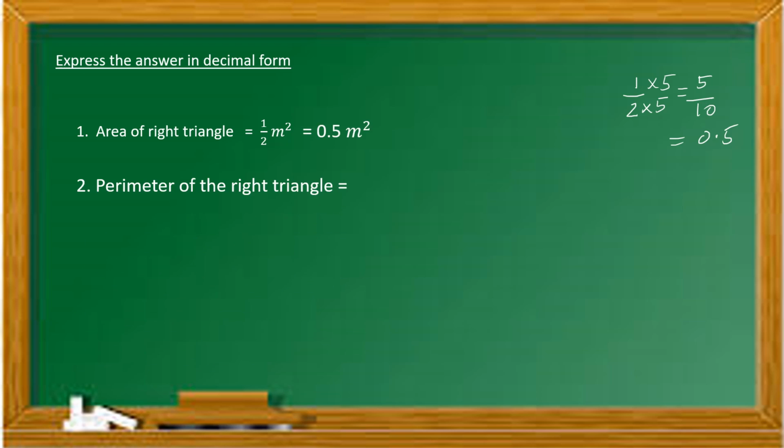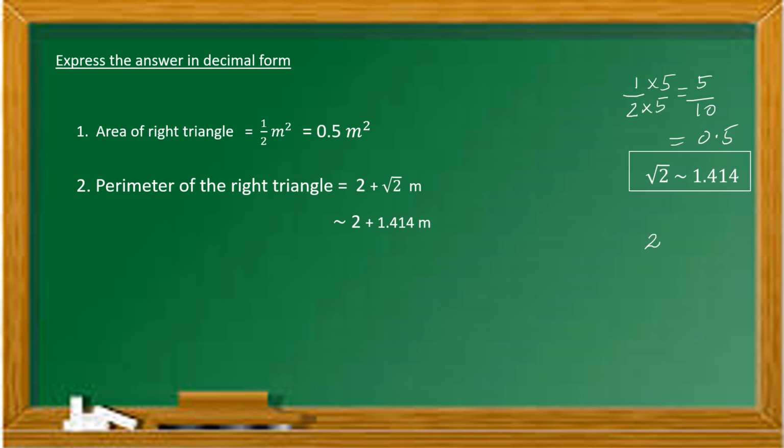And the next one is perimeter of the right triangle. And we got it as 2 plus root 2 meter. And how will you convert it in decimal form? Yes, we know the value of root 2 and that is 1.414, isn't it? So we can replace root 2 with this and it becomes 2 plus 1.414. How will you add?